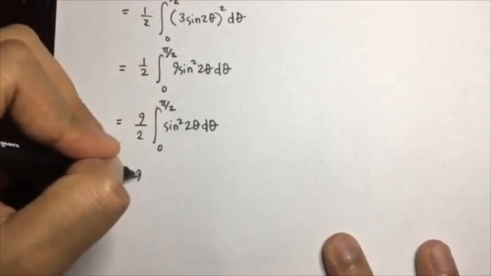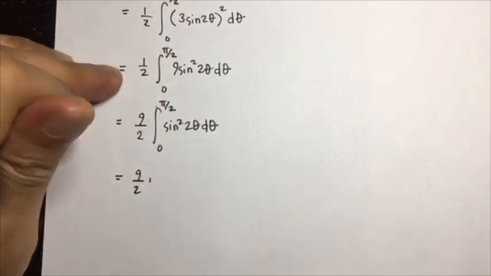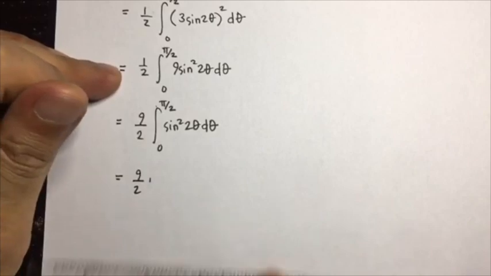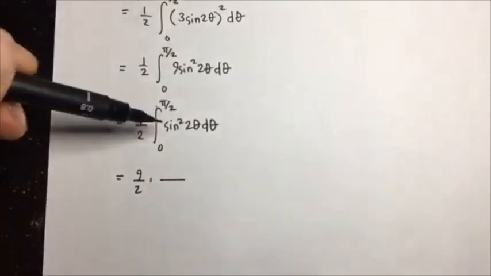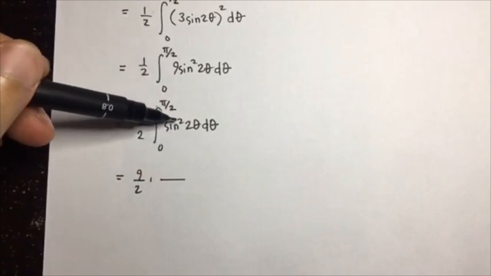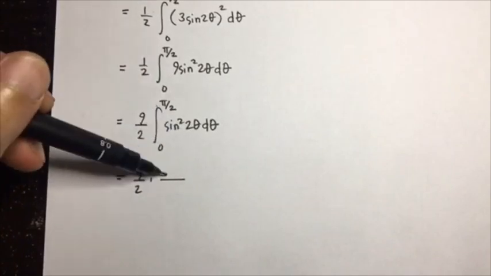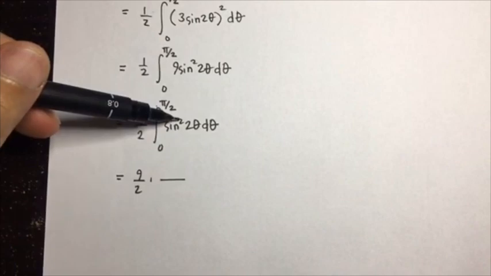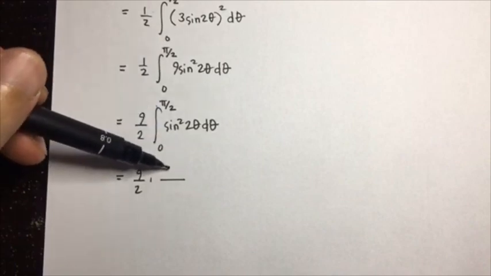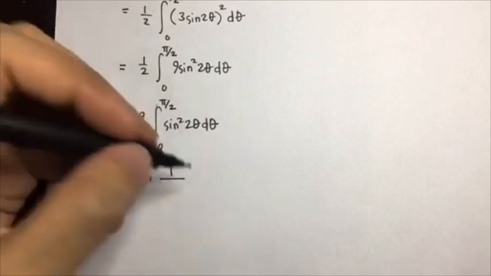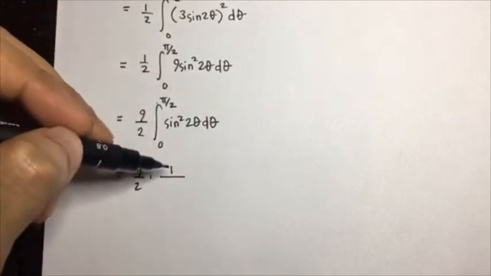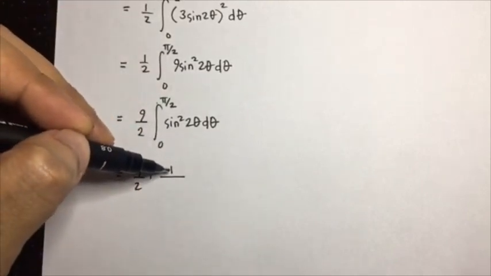So we'll have 9 over 2 multiplied by, since we don't have a cosine, we start with the exponent of sine minus 1 in the numerator. Since this is 2, we start with 2 minus 1, and then multiplied by nothing, because we stop at 1.